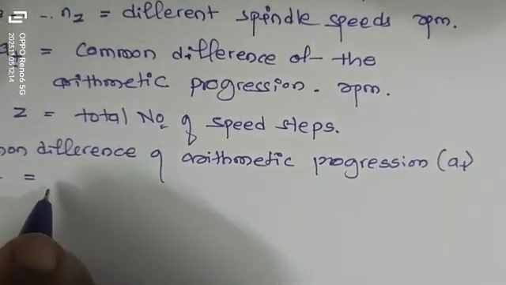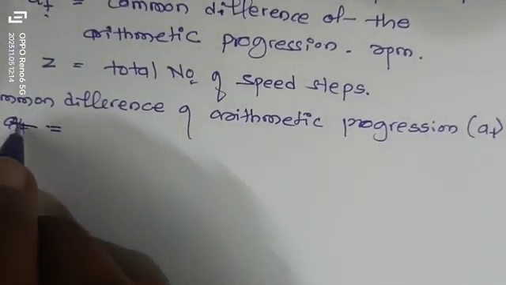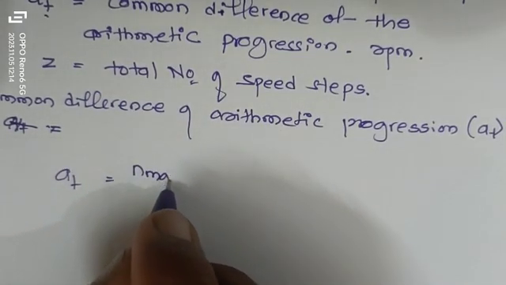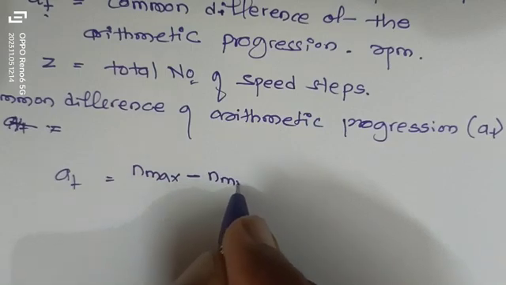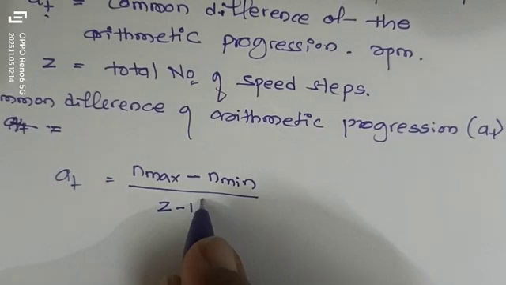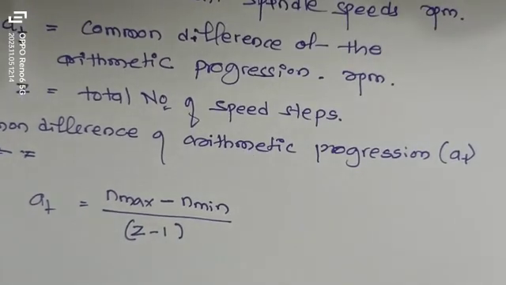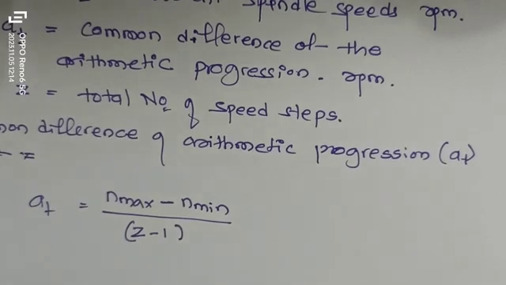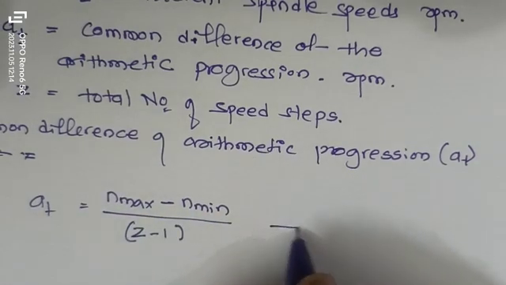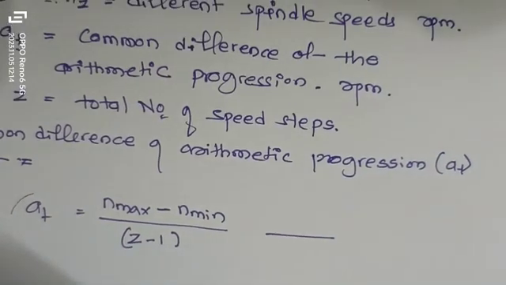So AT is calculated by N max minus N minimum divided by Z minus 1. Right? By this equation we can calculate the common difference of the arithmetic progression.